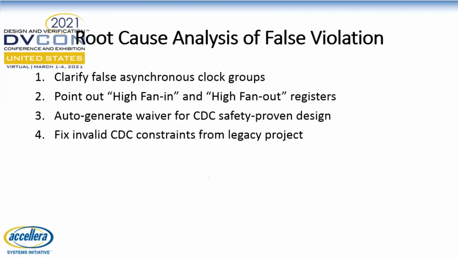The first, clarify false asynchronous clock groups. The second, point out high-fan-in and high-fan-out registers. The third, auto-generate reviews for CDC safety-proven design. The fourth, fix invalid CDC constraints from legacy projects.